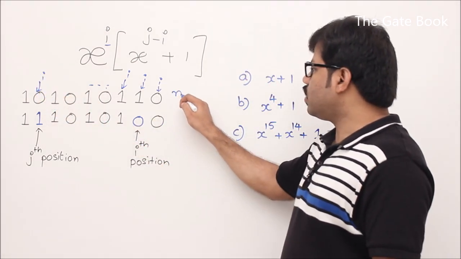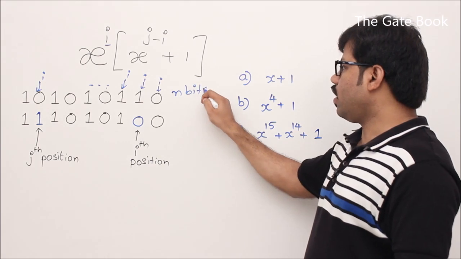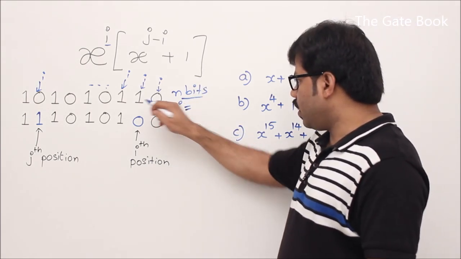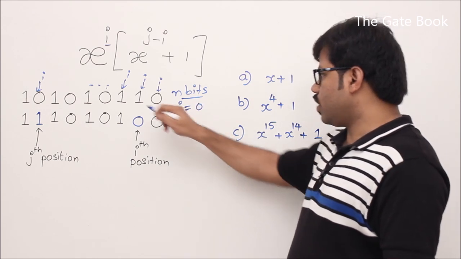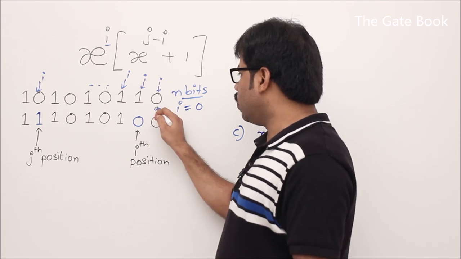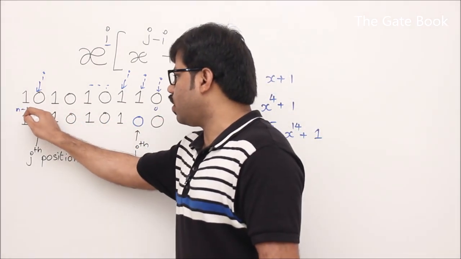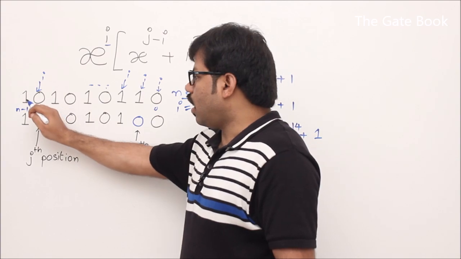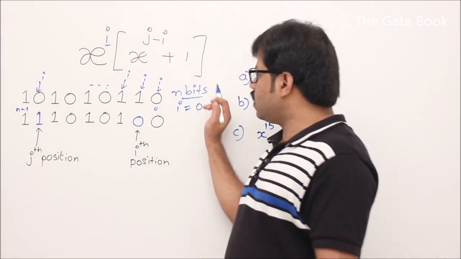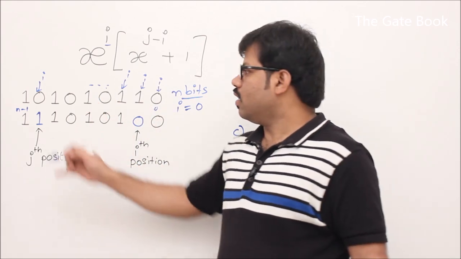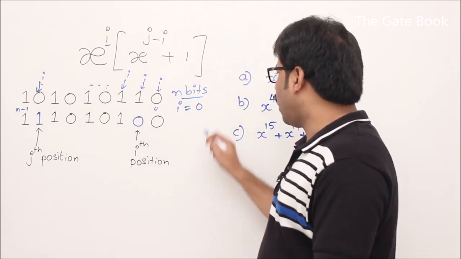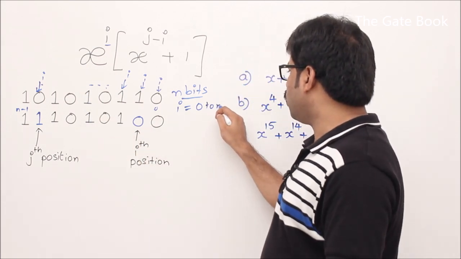If there are n bits in your sequence, then the range of i is from dash to dash. i can be 0, otherwise 1, 2, 3. So if there are n positions, the first position is 0, and the last position is n minus 1. Then i cannot be n minus 1 because there are two errors, right? This is the first error from the right, so obviously the first error can be at most here. That's why i is from 0 to n minus 2.